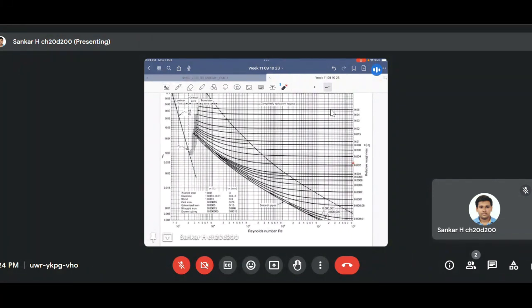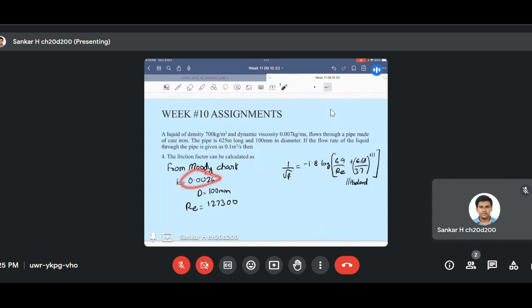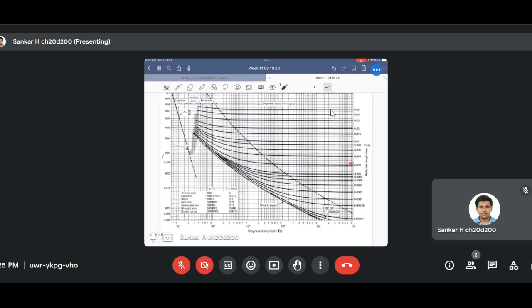See, each 1, 2, 3, 4. Each of them is split into 0.0005 divisions. So this value will be 0.0025, this will be 0.003, this will be 0.0035, and this will be 0.004. Let's go to a value that's very close to 0.0026, which is 0.0025.